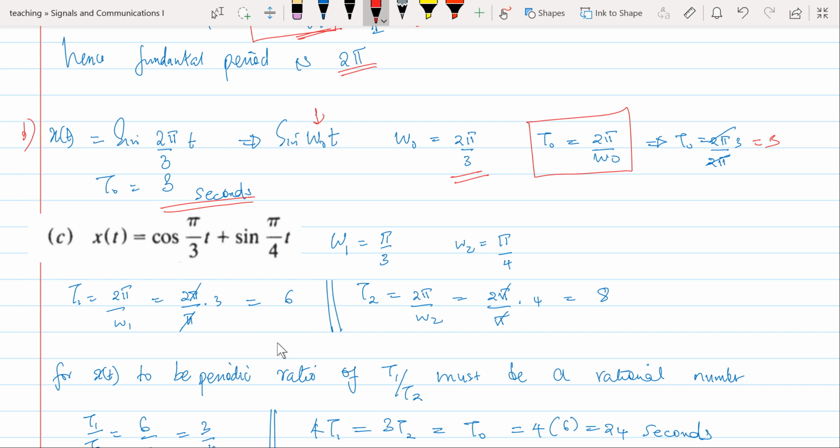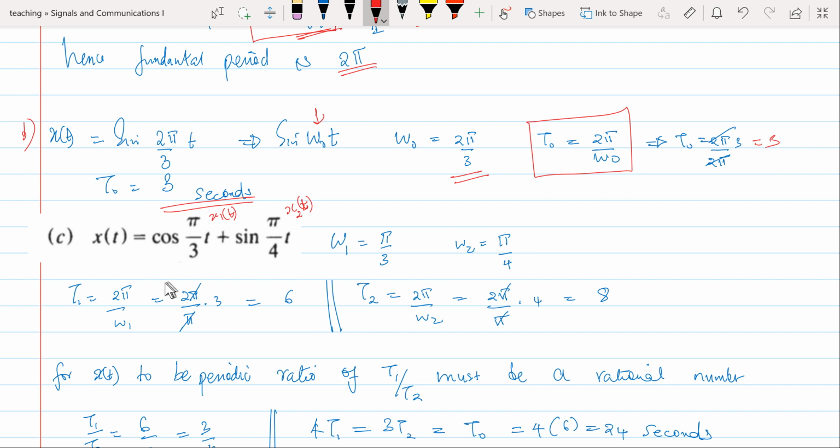So part C reads x of t is equal to a function of cosine and sine. We can refer to this one as x1 of t, and this one as x2 of t. The angular frequency of x1 is pi over 3, and the angular frequency of x2 of t is pi over 4.